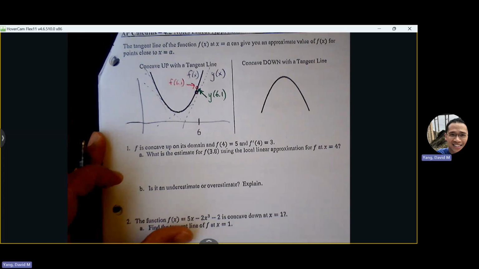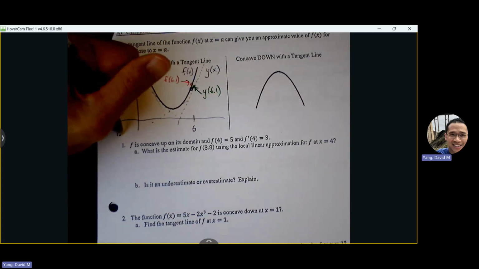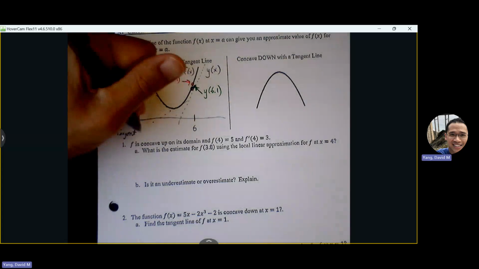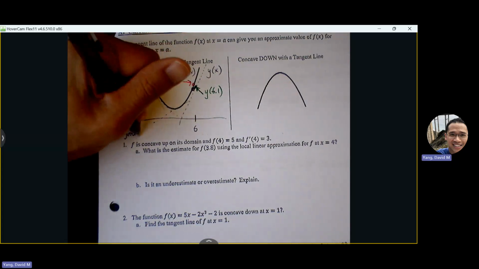What do you guys think? Below, yeah. So the idea is that a tangent line, assuming it's concave up, is always going to underestimate the function value.